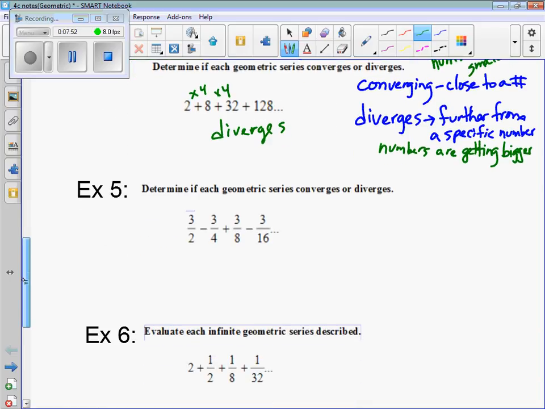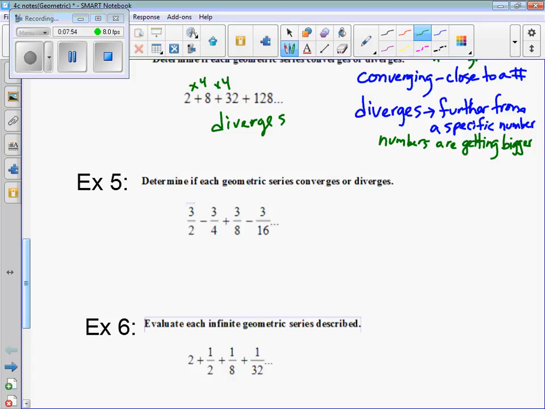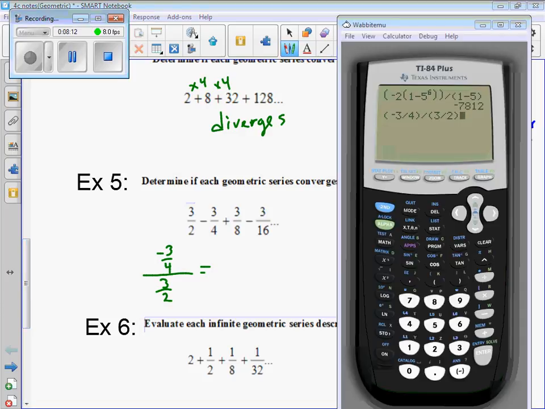On number 5 here, I'm going to look at if it converges or diverges. I can't tell right away what it multiplies by. So you have to take the second term and divide by the first term. So let's do that. If I type it into the calculator, parentheses around each fraction, hit enter, I see it's negative 0.5.